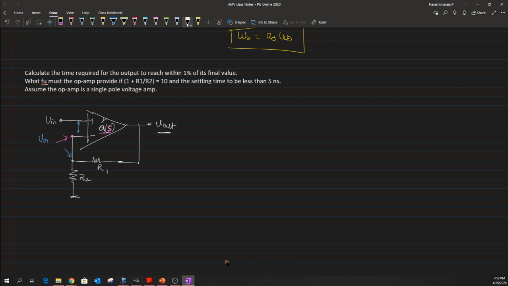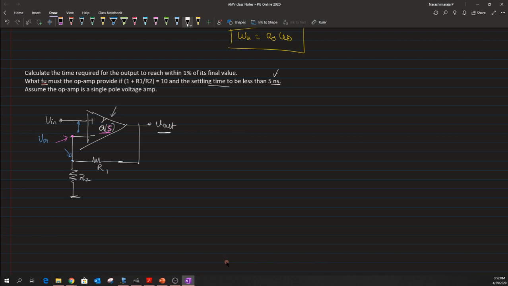So fu is the unity gain bandwidth that must be satisfied by the op amp to have a nominal gain of 1 plus R1 by R2, which is the 1 upon beta factor, equal to 10, and also we want the settling time to be less than 5 nanosecond. So if you want the settling time to be less than 5 nanosecond, what is supposed to be the unity gain frequency of this open loop op amp is the question.